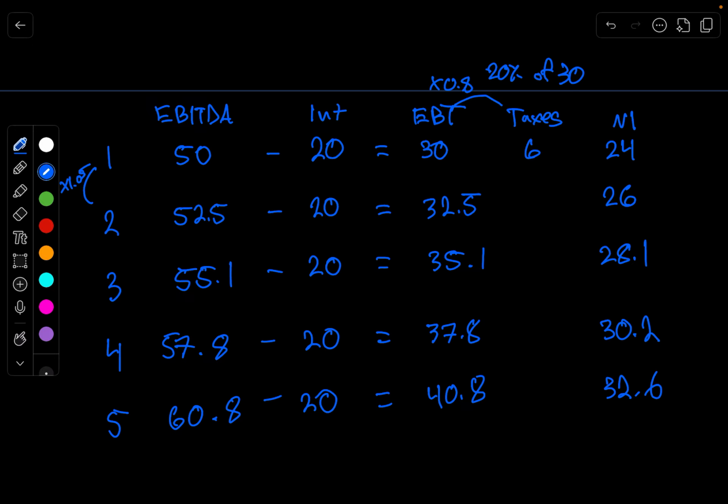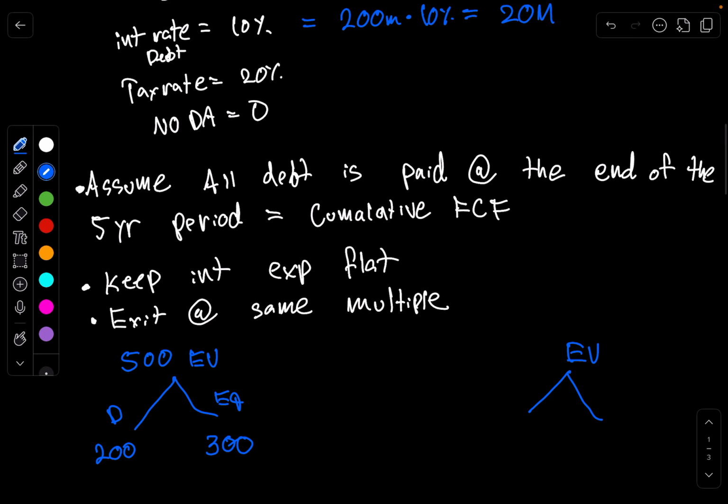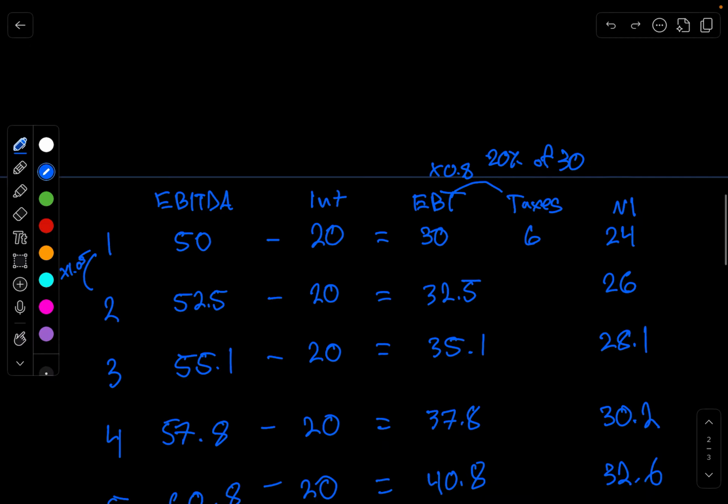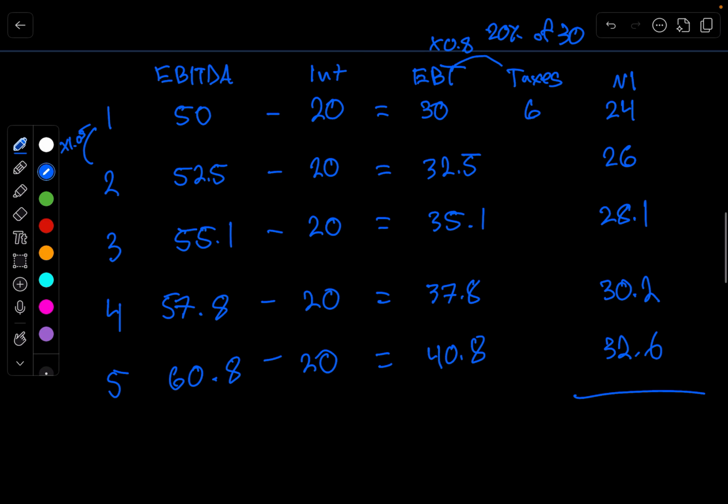And now the last thing that we need to do is remember they told us to assume that all debt is paid at the end of the 5-year period and it's equivalent to the cumulative free cash flow amount. Well, then we just sum this up. So this is our net income, otherwise our free cash flow amount. So we sum that up and we get 141.